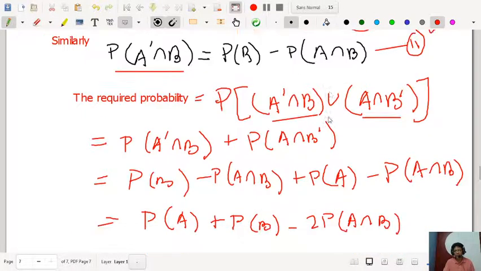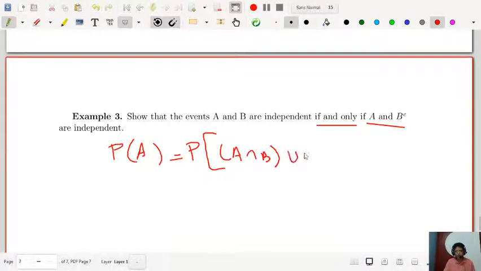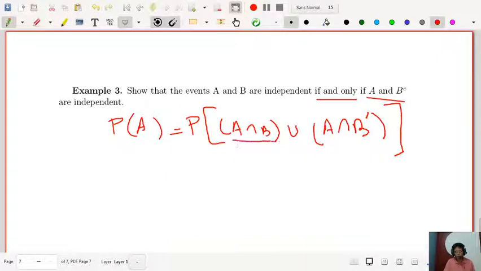So we can write probability of A equal to probability of A intersection B union A intersection B complement, right? Now these two are mutually exclusive, A intersection B and A intersection B complement.